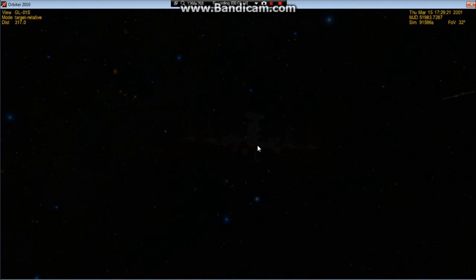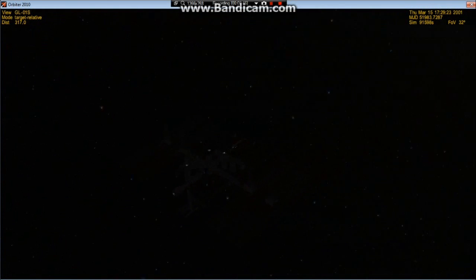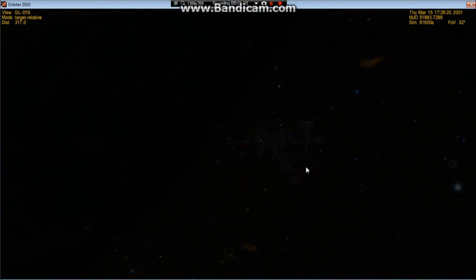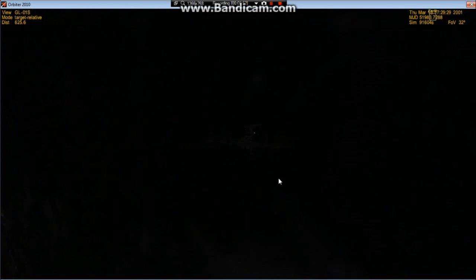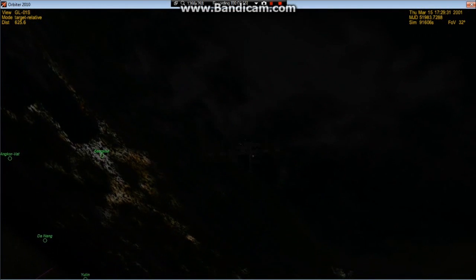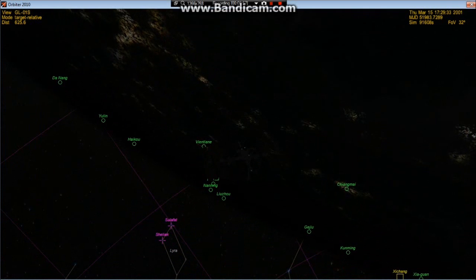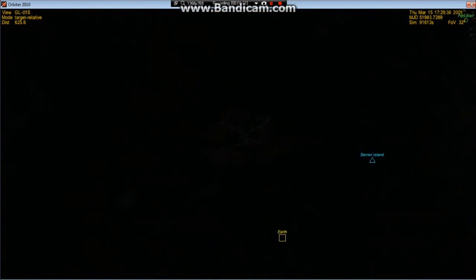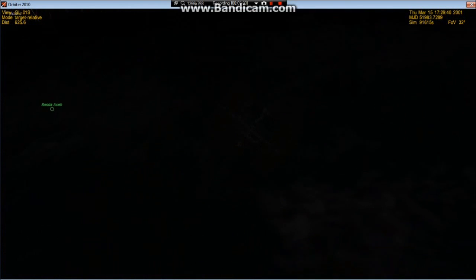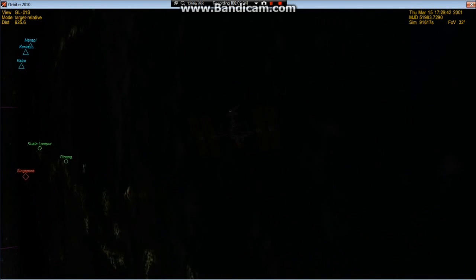So that's it. Orbit, and here we are. After docking, we are over, looks like Southeast Asia. Let me just confirm that real quick.